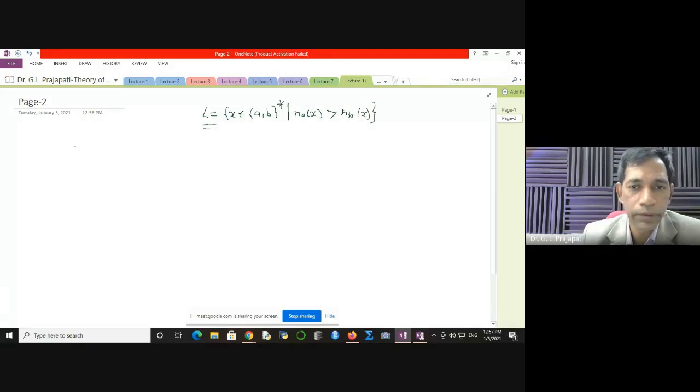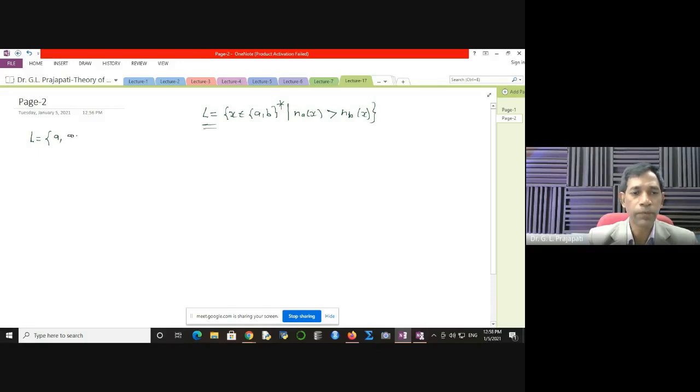So you can list any valid string of this language. What are the valid strings? Number of A is more than number of B. Means you have only a single A. This is valid because X contains only a single A, meaning you have zero B's. So you have more A's as compared with B's.